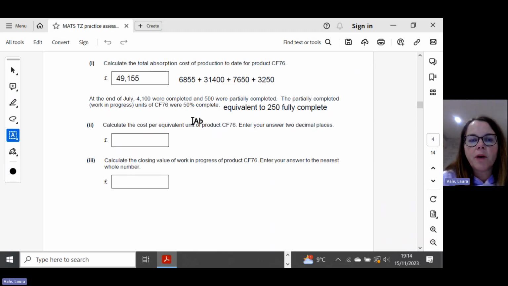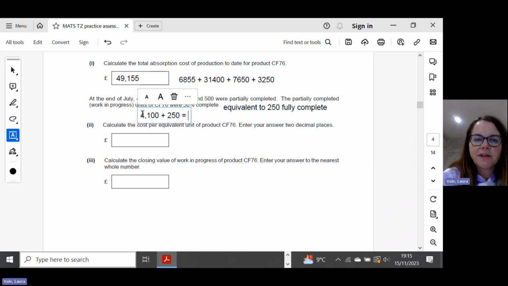So therefore, I have made 4,100 that are fully complete, plus these 250 that are partially complete. So that comes to 4,350 units, equivalent units, I should say.